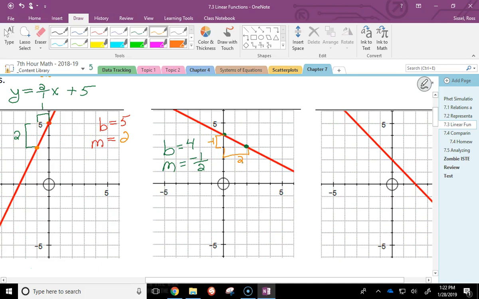Who can tell us what the equation should be? Aiden. Y equals negative 1/2.